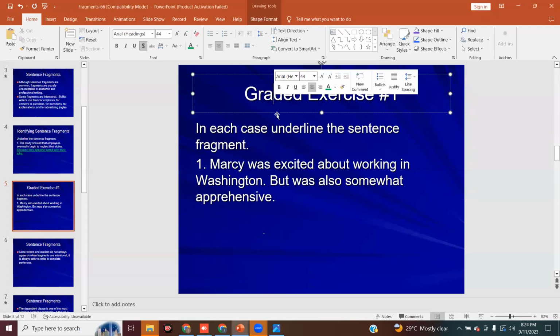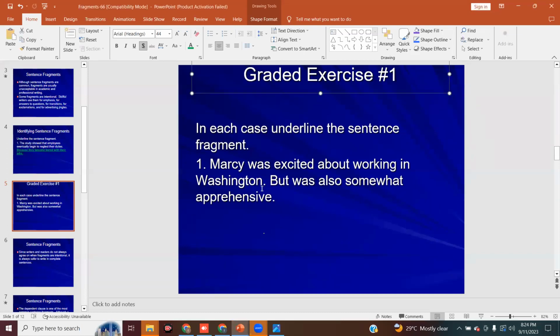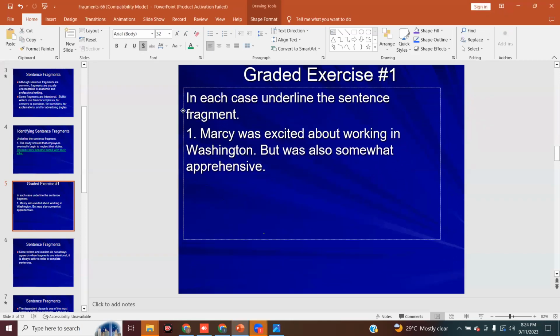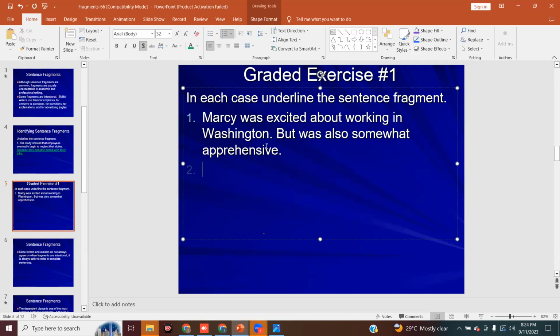Marcy was apprehensive. What does that mean? Tell me, Morgan, what do you think it is? Cautious. That's correct. Put it in the chat as well. So what does apprehensive mean? Put that inside the chat.